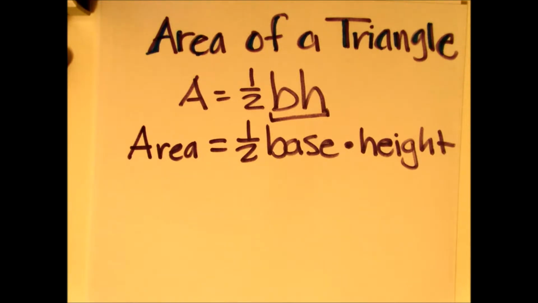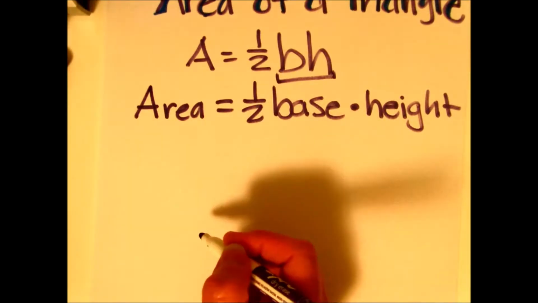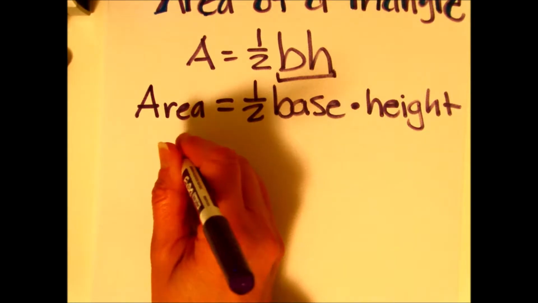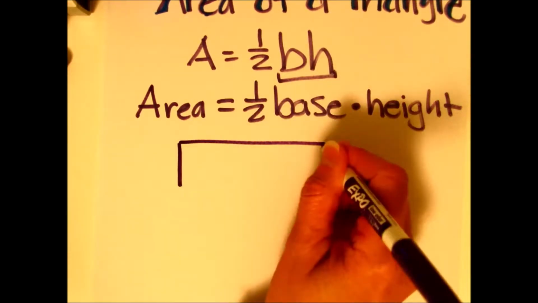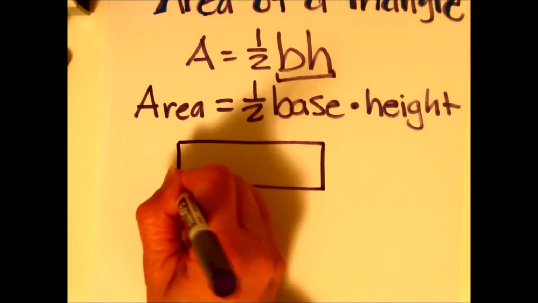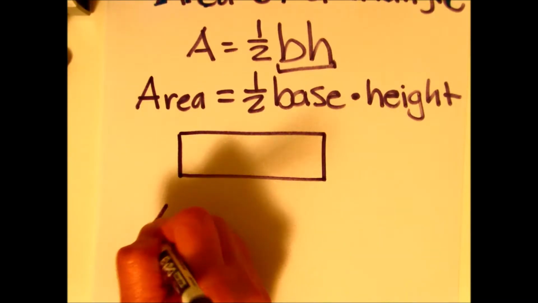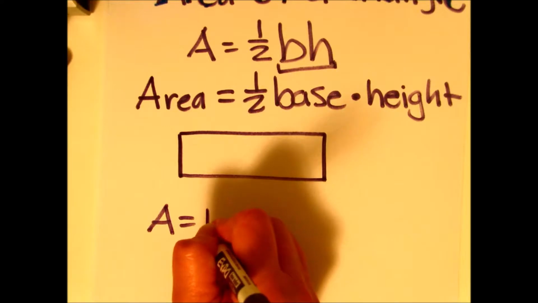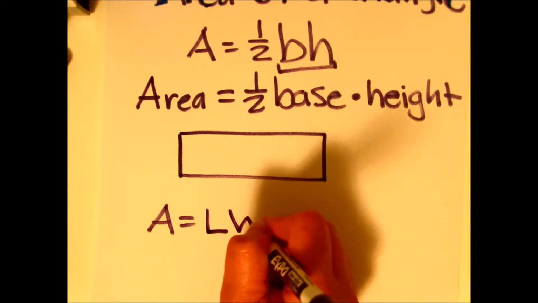Now, it's 1/2 because the area of a triangle is 1/2 of the area of a rectangle. And I'll draw you a picture here if you're not able to see it. So we know that the area of a rectangle is equal to the length times the width.